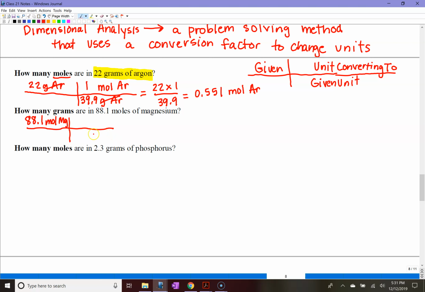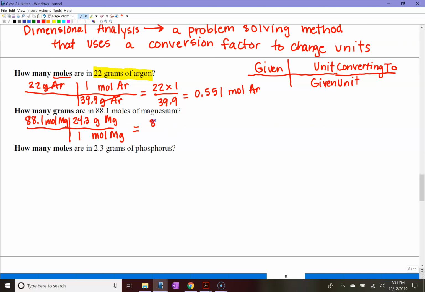I'm going to carry that unit down. And the unit I'm carrying up this time is grams of magnesium. If I look on the periodic table, I can see that 1 mole of magnesium has a mass of 24.3 grams.